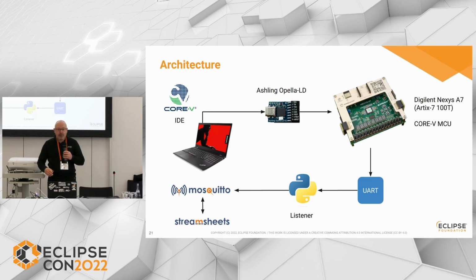So in this particular demo, I'm running the CORE-V IDE built on the Eclipse CDT tools, okay? And through the little debug probe from Ashling, we deploy our FreeRTOS application to the FPGA board. The FPGA board itself is initialized with the CORE-V MCU, so that's why you see a USB stick, well, not on the photo, but sticking out from the one on the desk.